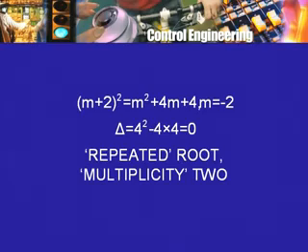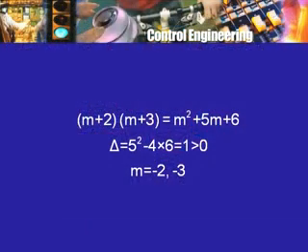Then let us look at the situation delta greater than 0, so that there are two real distinct roots, and again I can construct an example, m plus 2 into m plus 3. If I take that and work it out as a product, it will be m square plus 5m plus 6, and because of the way I have obtained it, I know what the roots are.